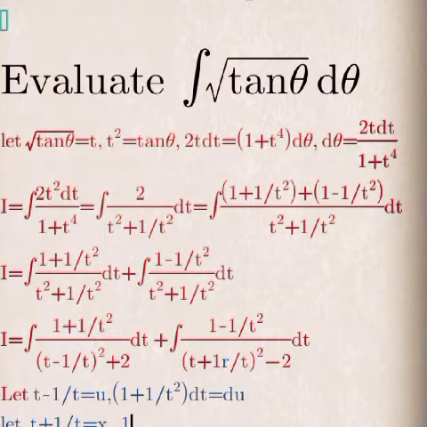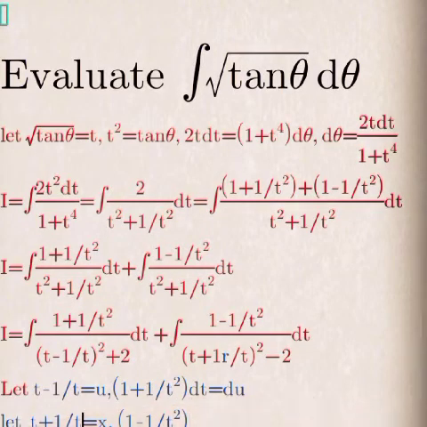Here when you differentiate t, you get 1, and when you differentiate 1 over t, you get a negative 1 over t squared. So 1 minus 1 over t squared dt is equal to dx.